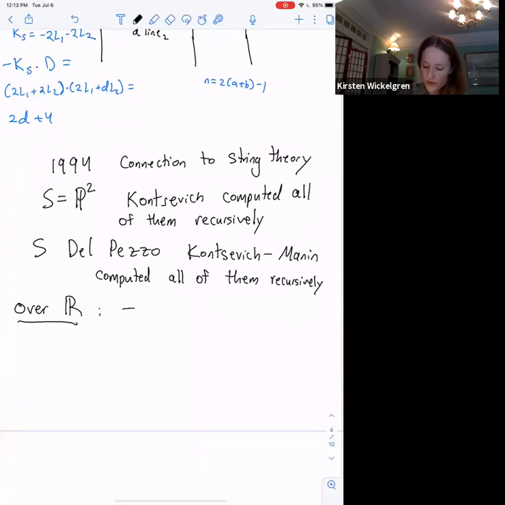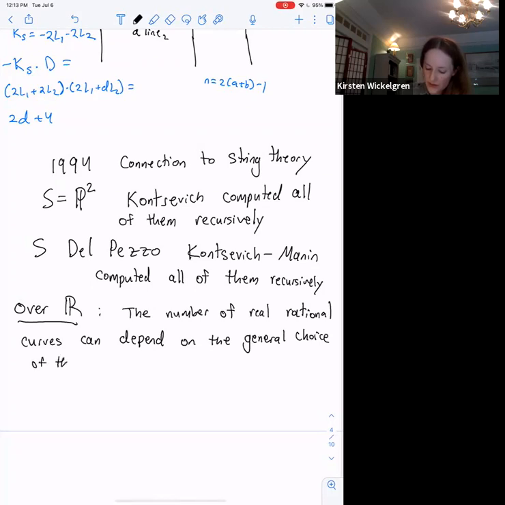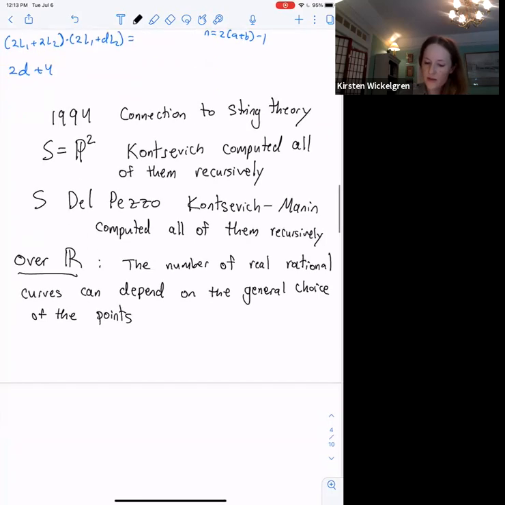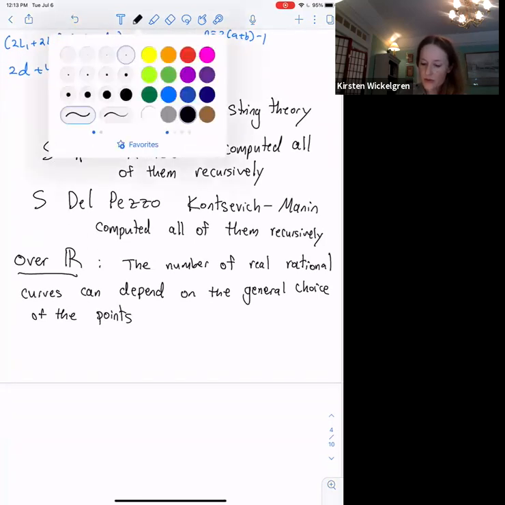So the number of real rational curves can depend on the general choice of the points. For example, there can be 8, 10, or 12 degree 3 real rational curves through 8 real points.